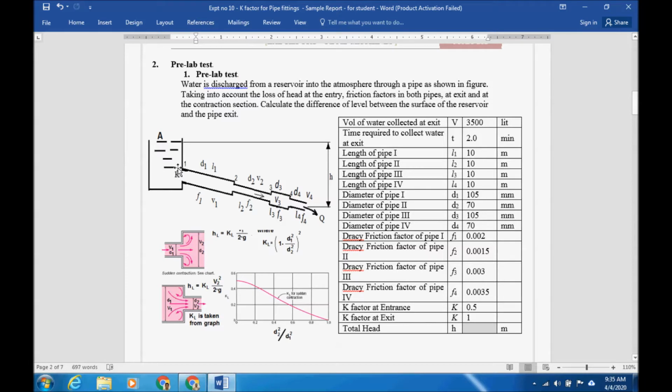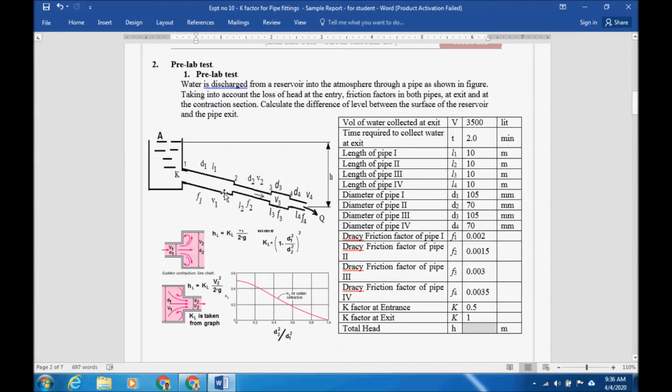So the flow will become like a vena contracta, I explained last week. So there are losses associated with that. Then as the water flows over this pipe 1, the pipe 1 has some friction factor and roughness, so by the Darcy equation we can find out the head loss over this pipe.